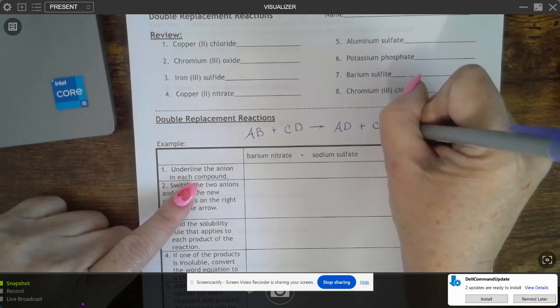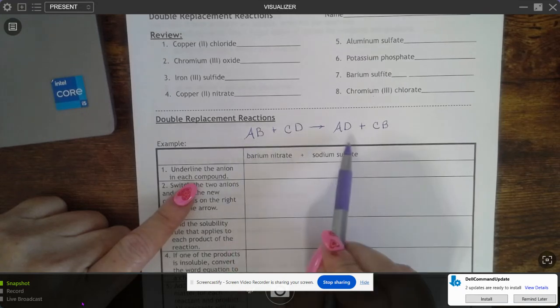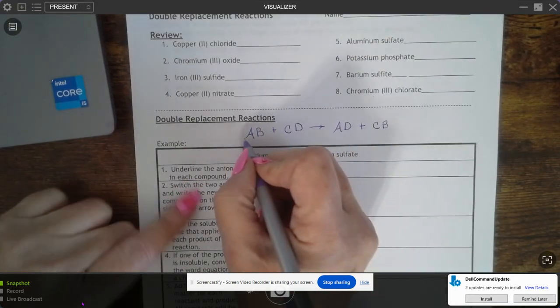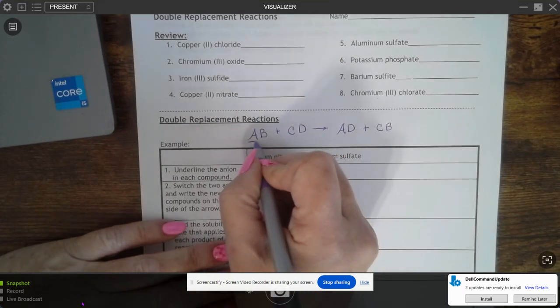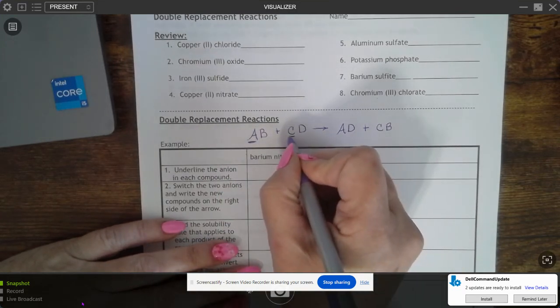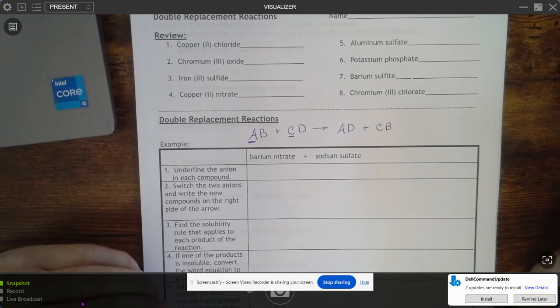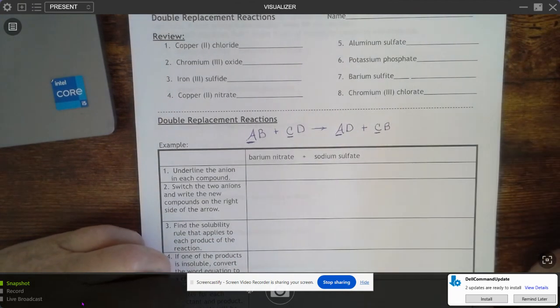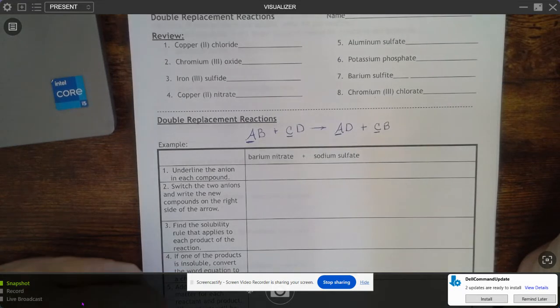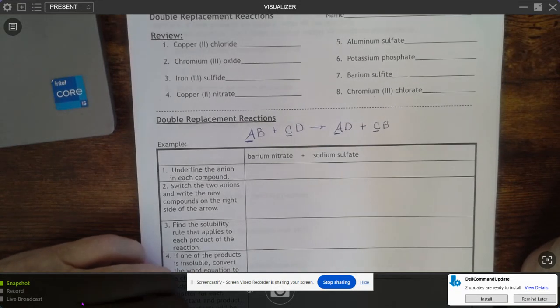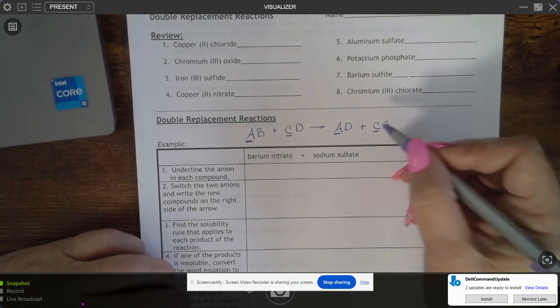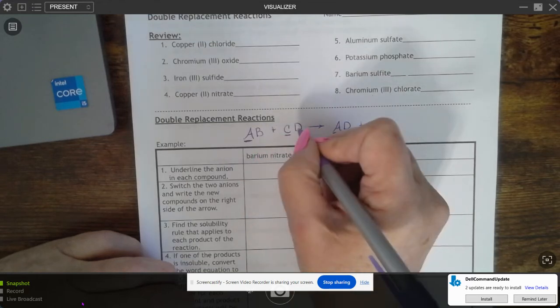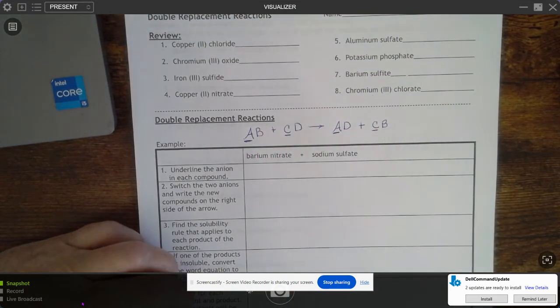So if you notice, as I write my products, one of the key things to keep straight is that in our reactants, A and C are listed first in the compound. And in our product, A and C are still the first element listed in the compound, which means basically D and B switch places.